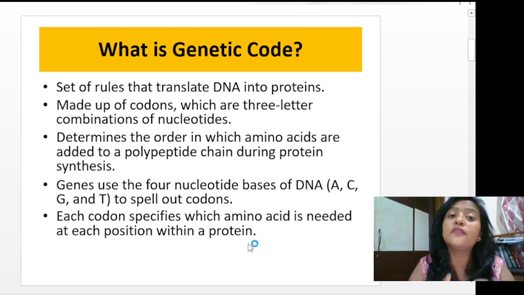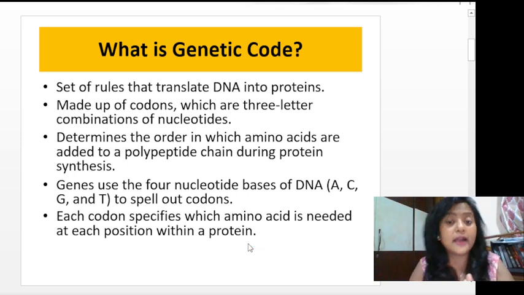This genetic code is in the form of codons, which are also in the form of a triplet. That means a combination of three nucleotides forms a triplet, also known as a codon. These nucleotides are the nucleotide bases that we have read about in DNA and RNA.